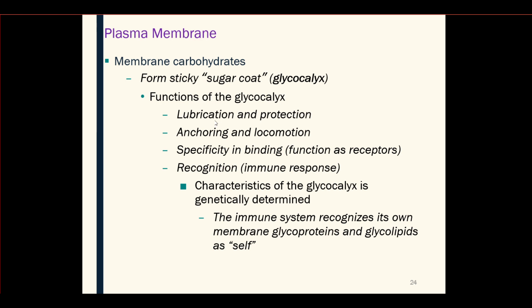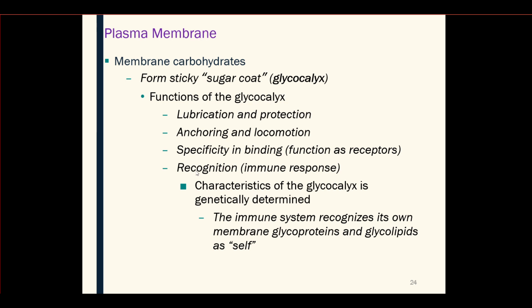So in one cell it causes it to be anchored, but in another cell it helps with movement. Since it's sticky, it will help with binding, very similar to a protein that is a receptor. Things will stick to the cell membrane. So the glycocalyx can also function as a receptor.